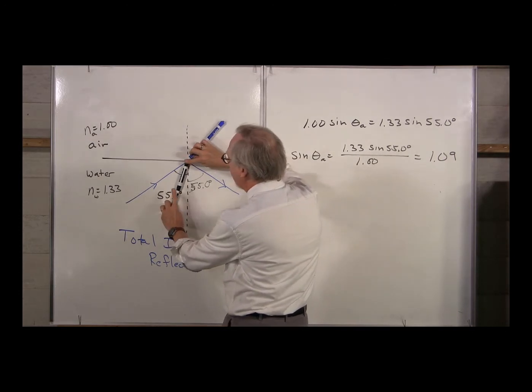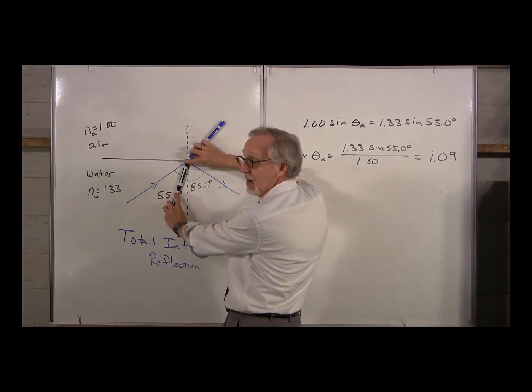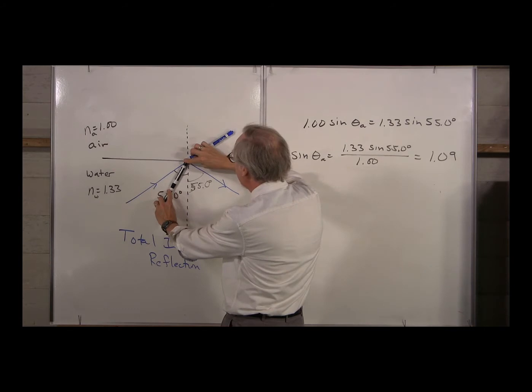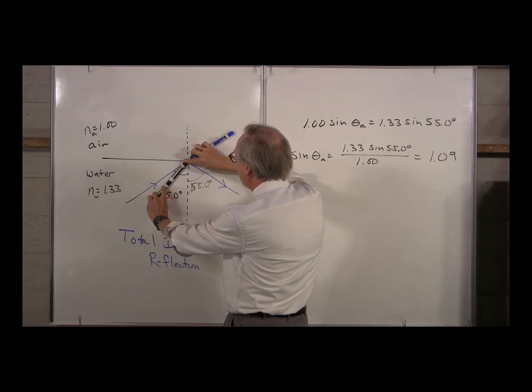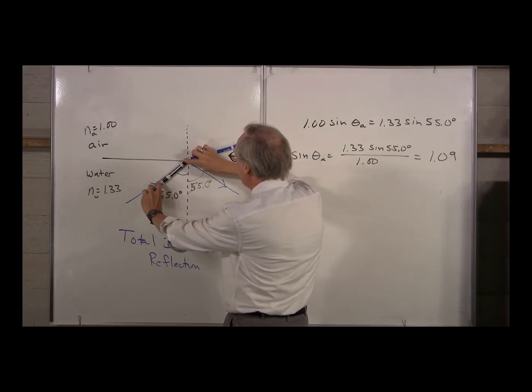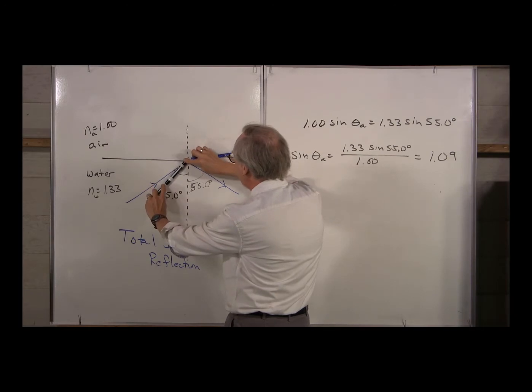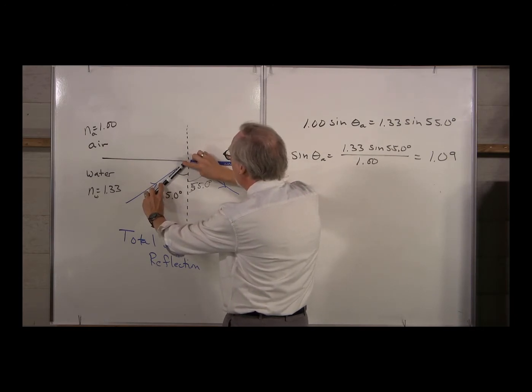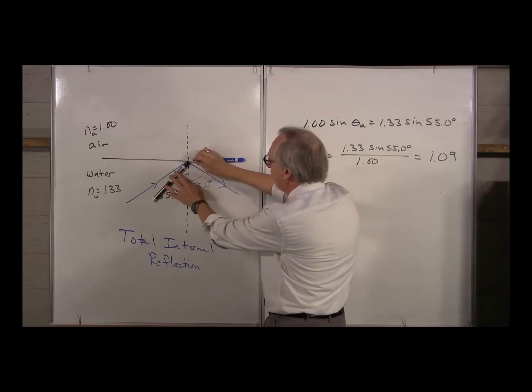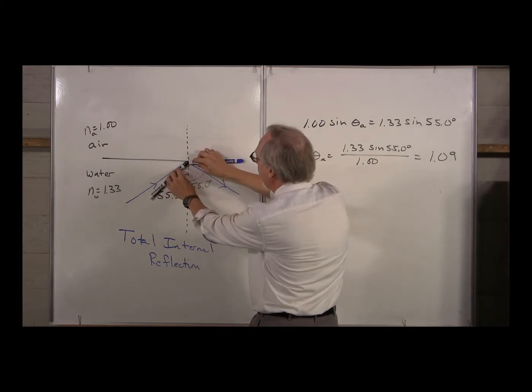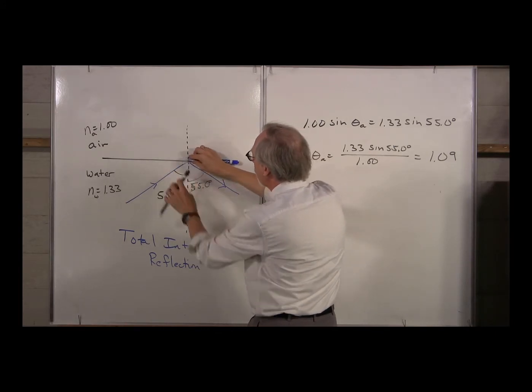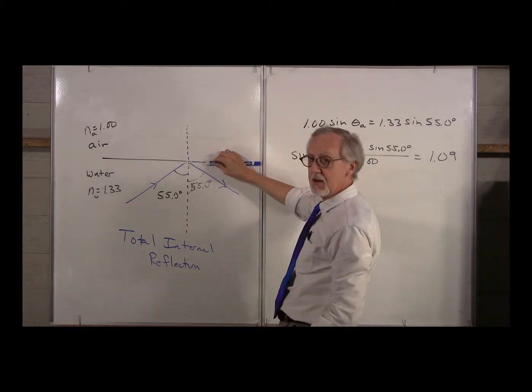What if we increase our angle in the water a little bit? Well, we need to increase the angle in the air a little bit. We increase this a little more, and a little more, and a little more. Eventually, we will get to such an angle that the refracted ray is refracted right along the surface of the interface.